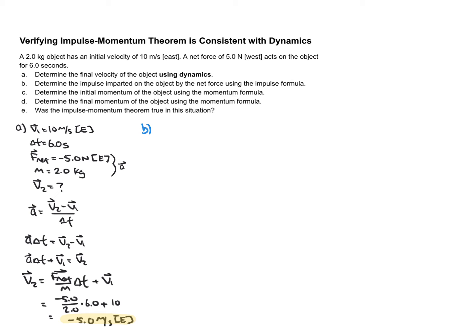Determine the impulse imparted on the object by the net force using the impulse formula. The impulse formula is impulse equals force times time. They ask us to do it for the net force. So it's net force times time. That will be negative 5 newtons east multiplied by 6 seconds.